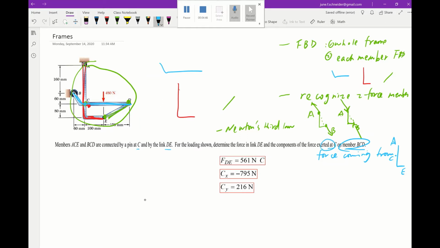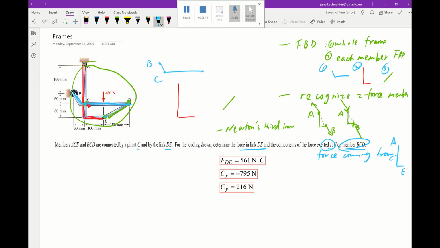Okay, and when they ask you about the force in link DE, then first we identify whether there is any two force member here. They are made of three members. Is there any two force member? Now let's look at it. BCD is not going to be a two force member. Why? Because there's a force at B here. There's also a force at C because that is pinned.